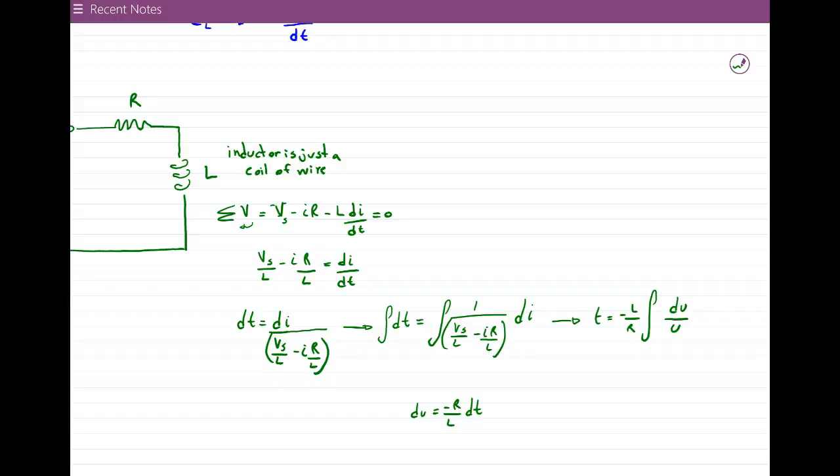Minus L over R, natural log, and then let's convert back.